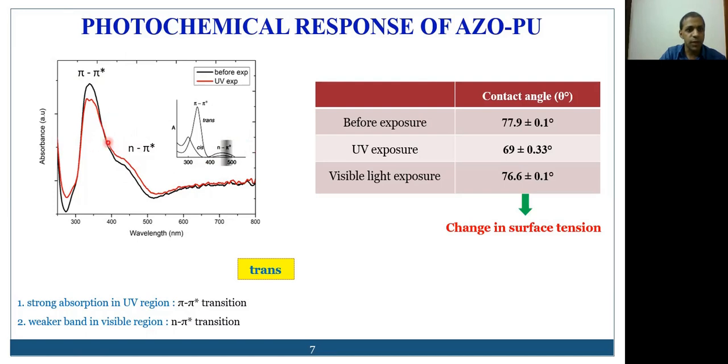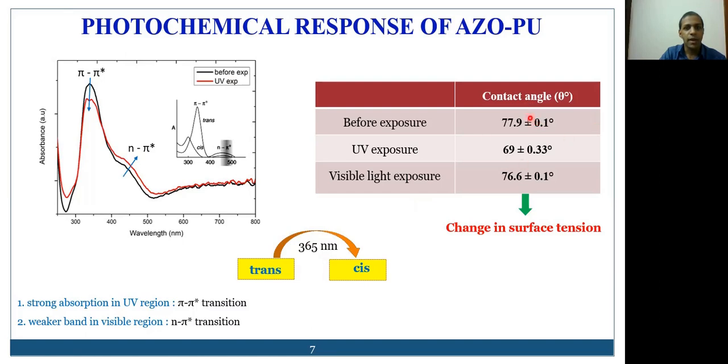So the decrease in intensity of the pi to pi star and the relative increase in the n to pi star intensities after UV exposure is actually a signature of the trans to cis isomerization. And this was also confirmed through contact angle measurements.